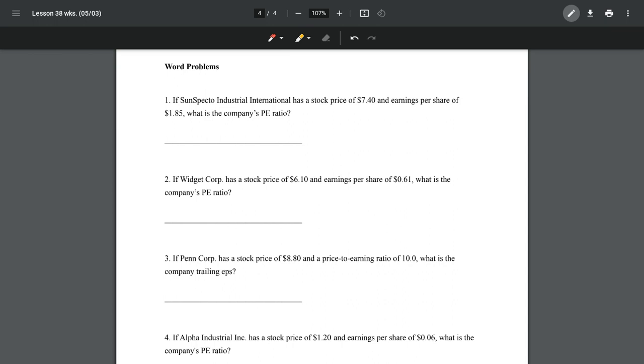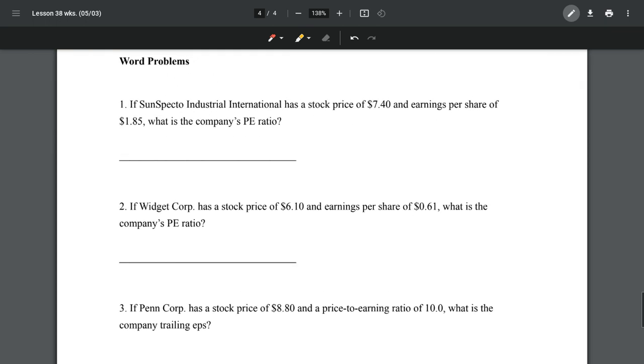Number 1, if Sun Specto Industrial International has a stock price of $7.40 and earnings per share of $1.85, what is the company's price to earnings ratio?